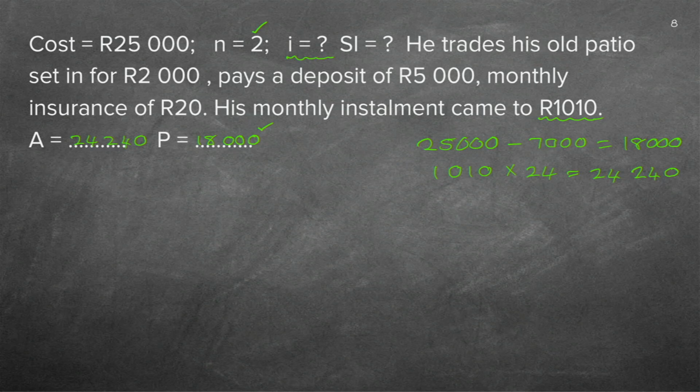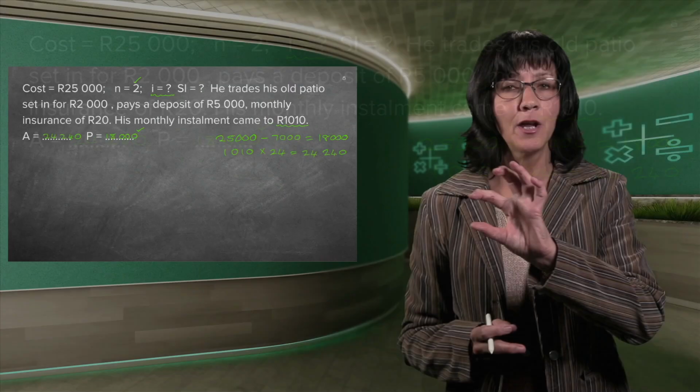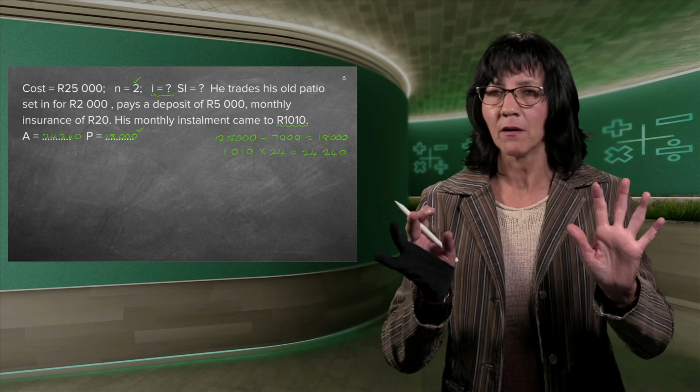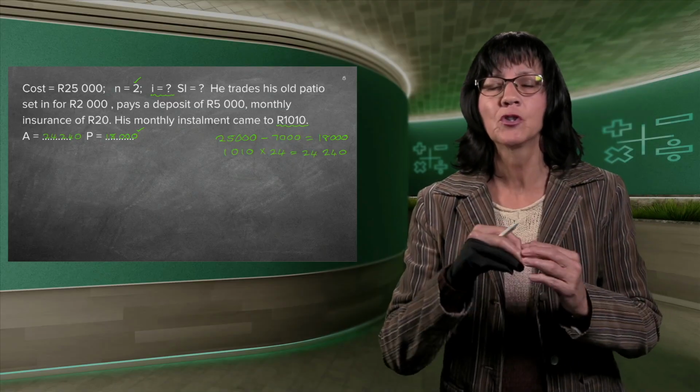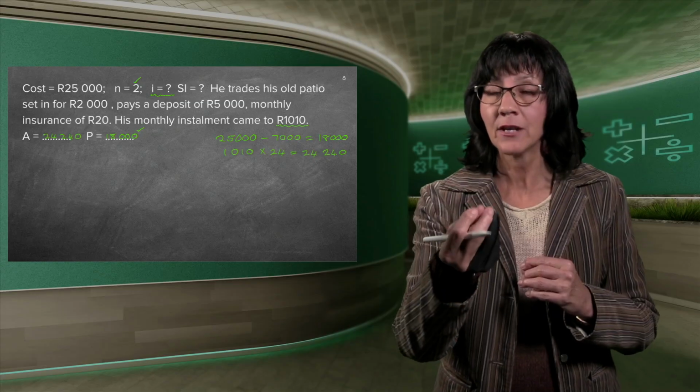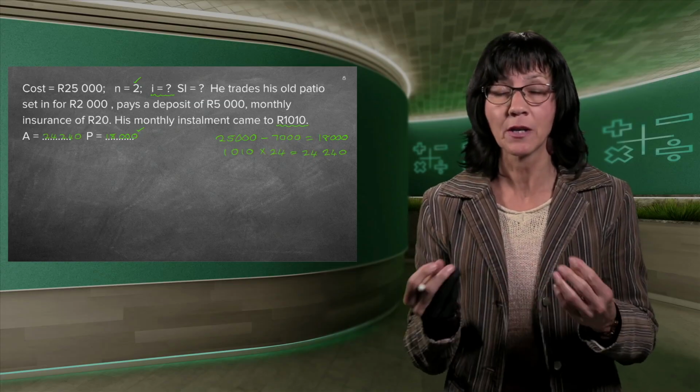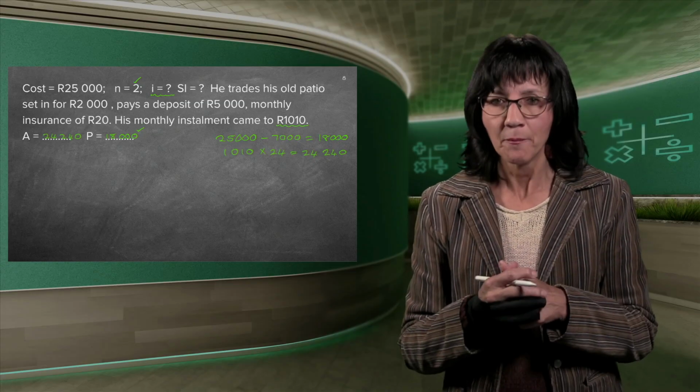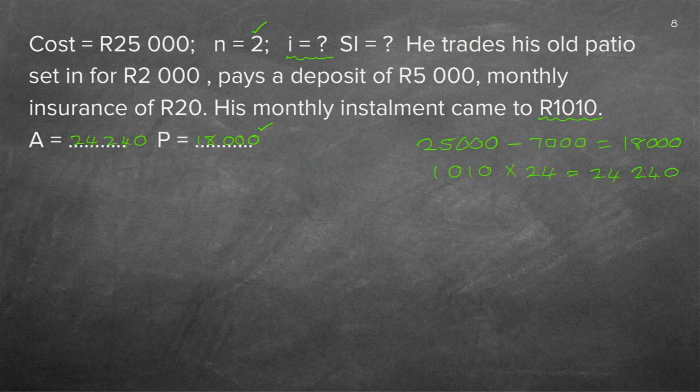Remember, his monthly installments, if I now use my formula A is equal to P, it's the formula that I use to pay back the bank and to work out my interest on, because that was my question, the interest rate. But what about the extra, this insurance of 20 rand? Now, there are different ways of doing it. Remember, this amount here incorporates the insurance of 20 rand.